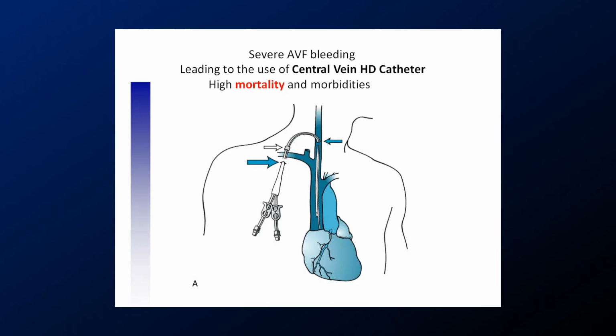and that's not acceptable. If the fistula cannot be used, then one has to put a catheter in the neck, inside a large vessel atop the heart, like I showed here. And this catheter can be used right away, but it can cause severe infection and cause patient death as well.